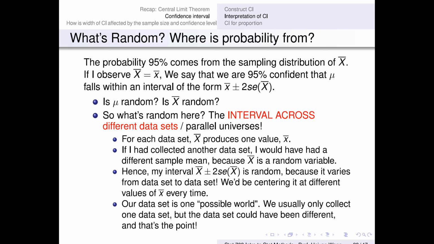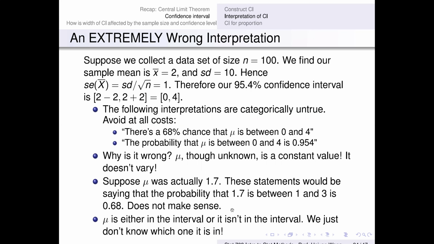Each interval might contain the true mean or not contain the true mean. But with so many of them, you can tell that around 95.4% of them will contain the true mean. So that's basically the nature of the confidence interval.